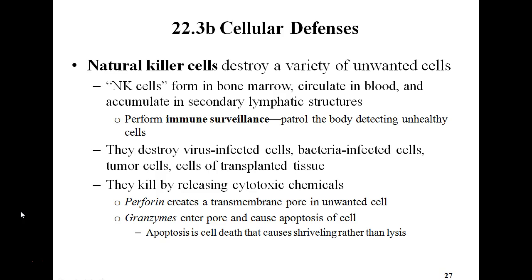And so these natural killer cells release chemicals such as perforin and granzymes that are going to destroy the unhealthy cells, and these granzymes enter the pore and cause apoptosis of the cell. This process called apoptosis is going to be cell death that causes shriveling rather than lysis.